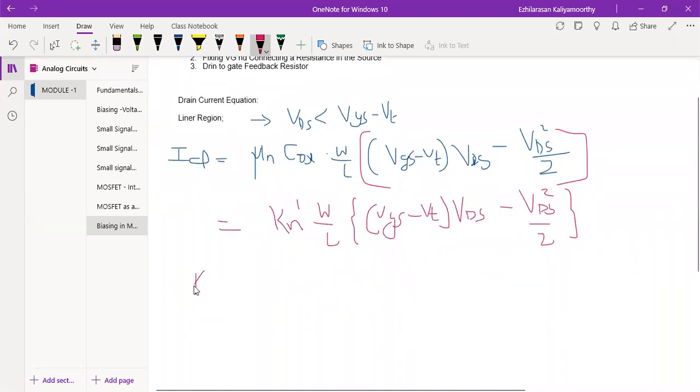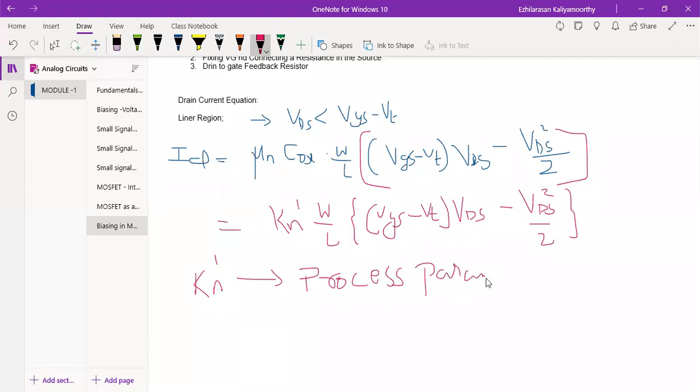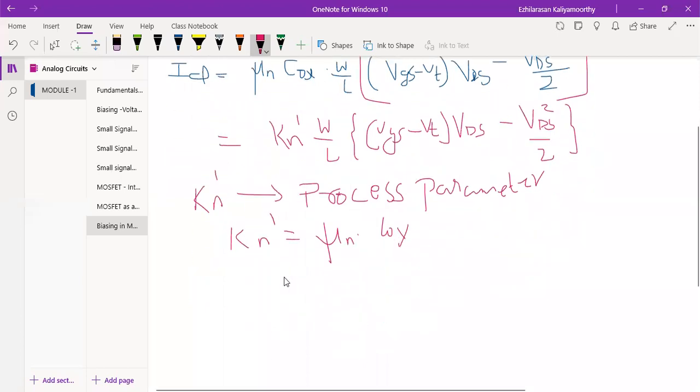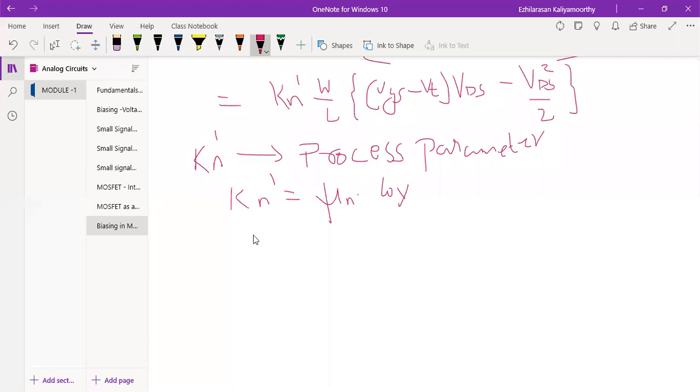Now, Kn dash is a process-dependent parameter, a fabrication or process parameter, where Kn dash is equal to mu n into C ox, where mu n is the mobility, and C ox is the oxide capacitance, that is epsilon ox divided by T ox.